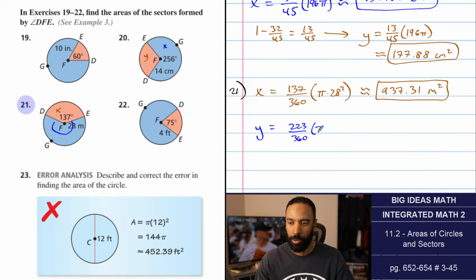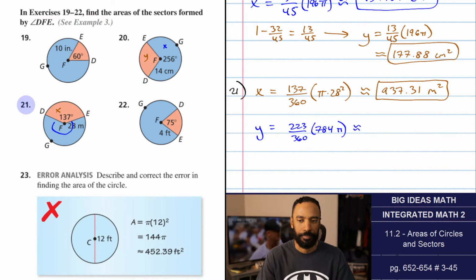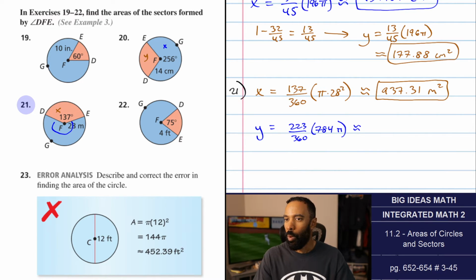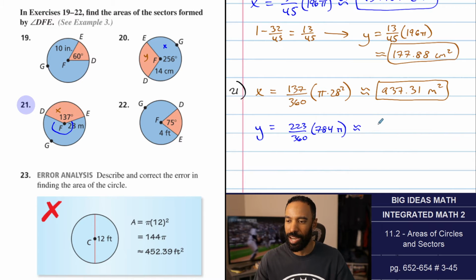That was 784, I believe. 784 pi. Yeah. So 223 over 360 gives 1525.697, so 1525.70 is what that would round to.